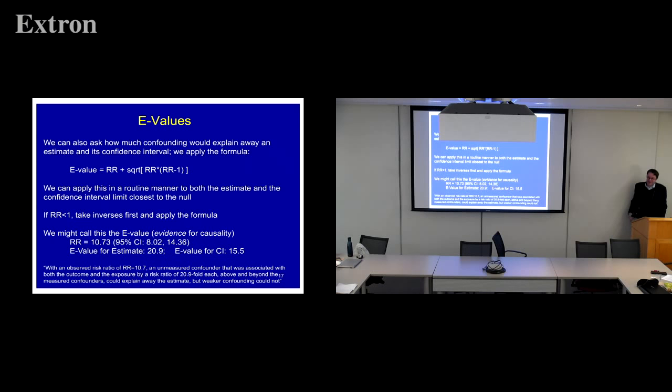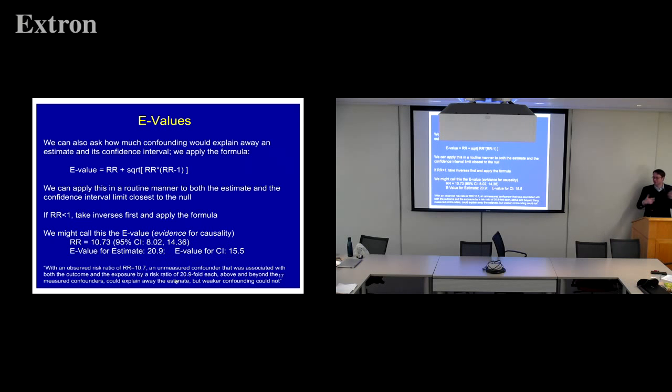No, that's not the case. That's right. If one of them is a bit below the E-value, the other would have to be considerably above. The statement is that an unmeasured confounder associated with the exposure and outcome each by risk ratios of 20.9-fold, above and beyond the measured confounders, could explain away the point estimate.